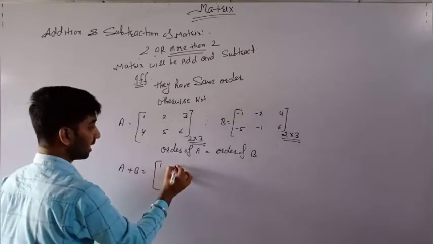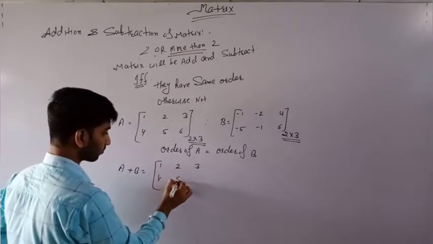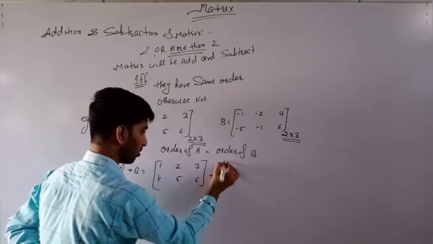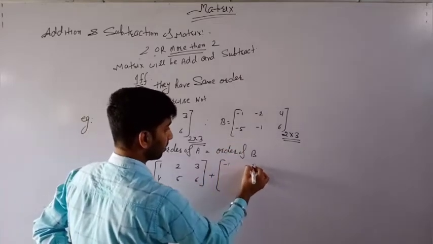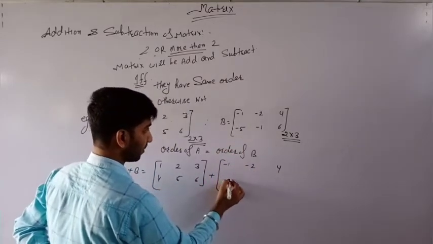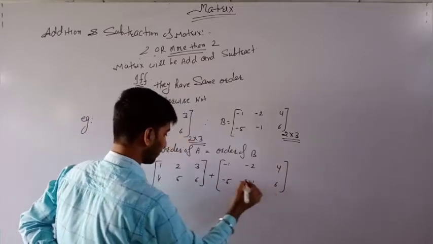If we want to find A plus B, A is 1 2 3 4 5 6 and B is -1 -2 4 -5 -1 6.